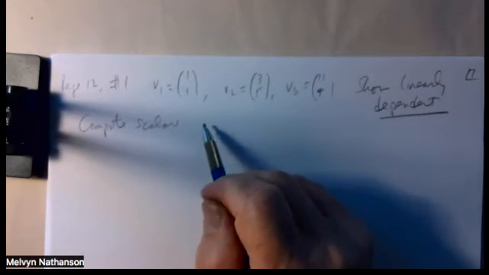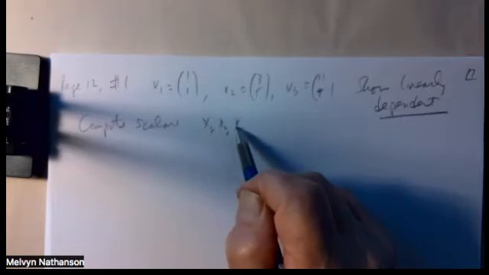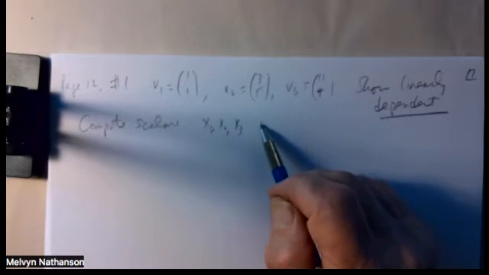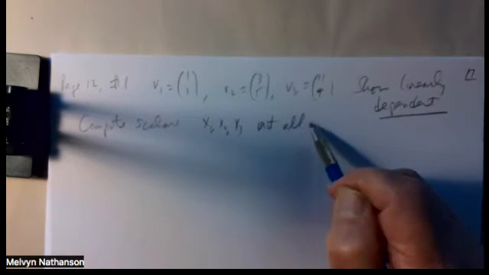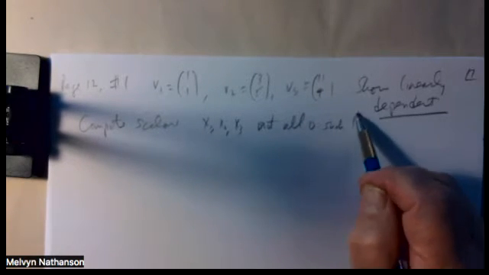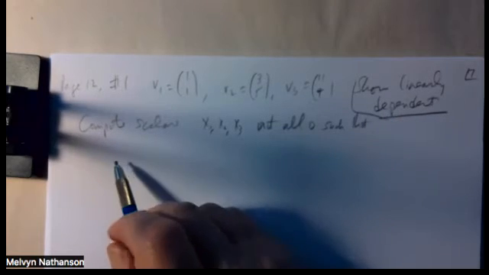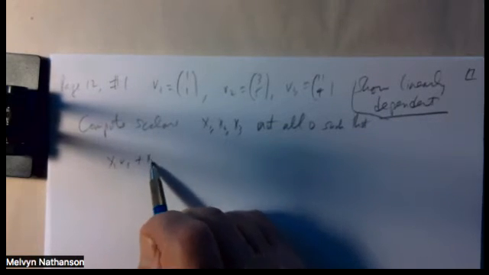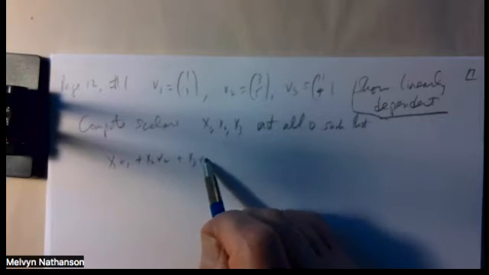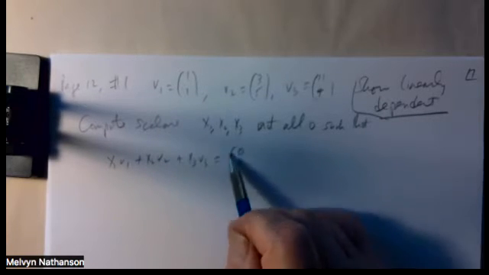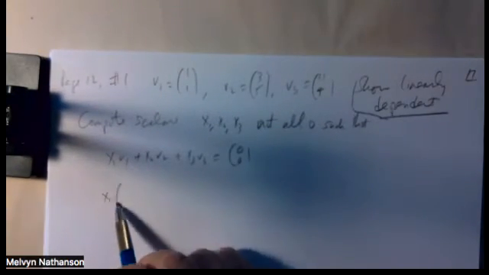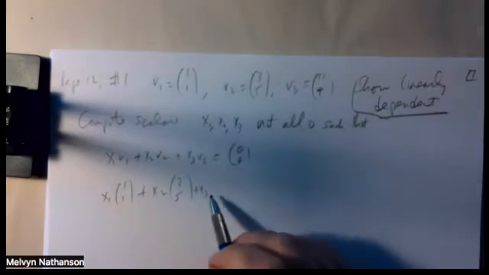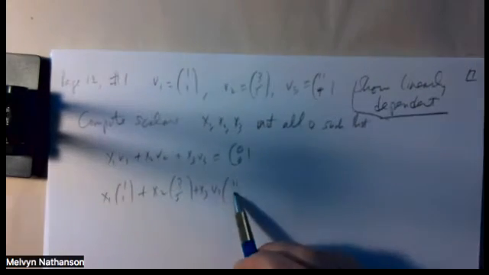That means I want to compute scalars x1, x2, x3, not all 0, such that x1 v1 plus x2 v2 plus x3 v3 is equal to the 0 vector. So x1 v1 is this, x2 v2 is this, x3 v3, that's this.